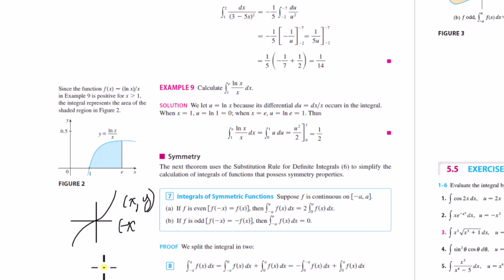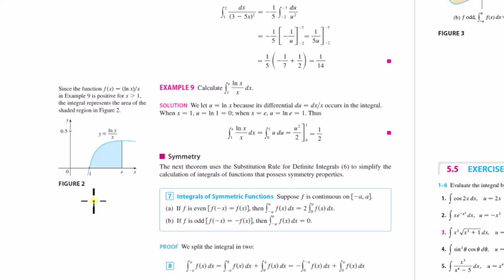All right. So how do these types of symmetric functions relate when it comes to definite integrals? Suppose that a function is continuous on the interval from -a to a. Then if f is even, you can simplify this definite integral by changing the limits of integration to from 0 to a, and bringing a 2 out front.